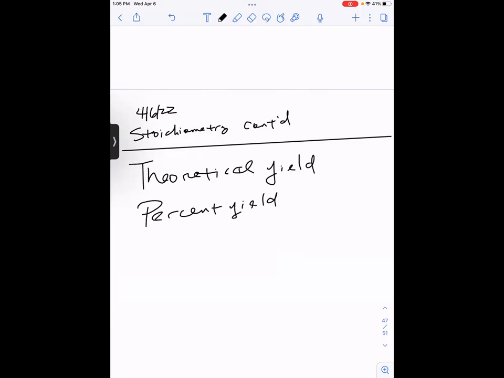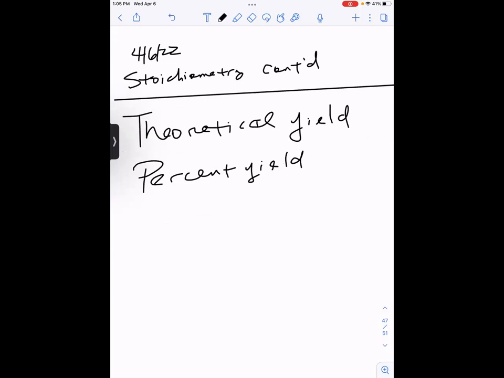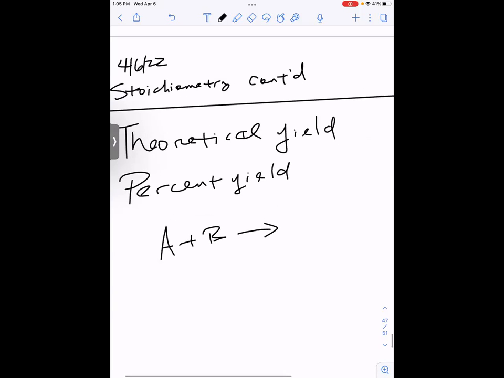And when we talk about doing reactions, these are indispensable topics. We have to understand what theoretical yield is, what percent yield is, and how we get to them both.